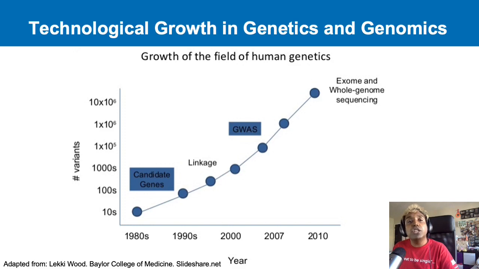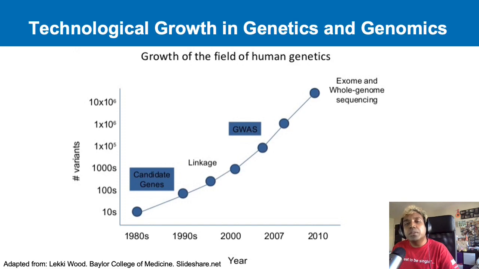Then the human genome was mapped out in 2001, almost 20 years after PCR was discovered, and that is when we saw the boom of GWASs, with thousands, if not tens of thousands, of variants and markers across the genome, leading to the genome-wide association studies that you have already learned how to run in your previous modules.